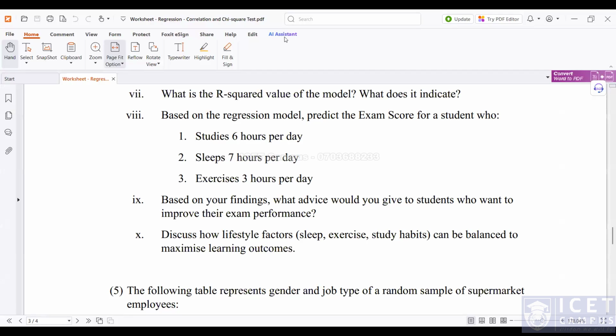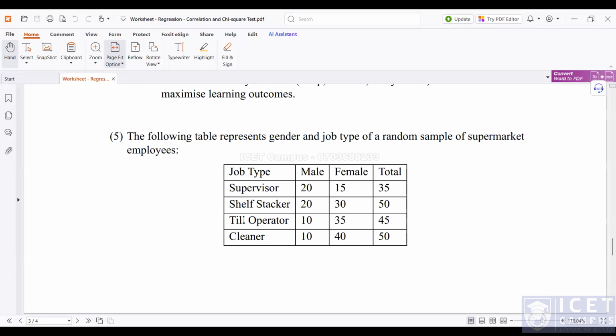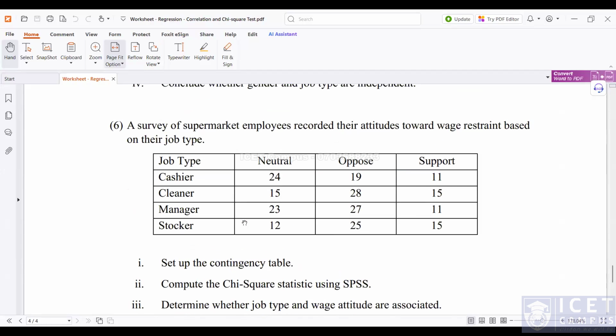Then there are many questions related to this that you can try. Last, there are another two questions about the chi-square test. For categorical variables or non-parametric variables, we can perform a chi-square test.